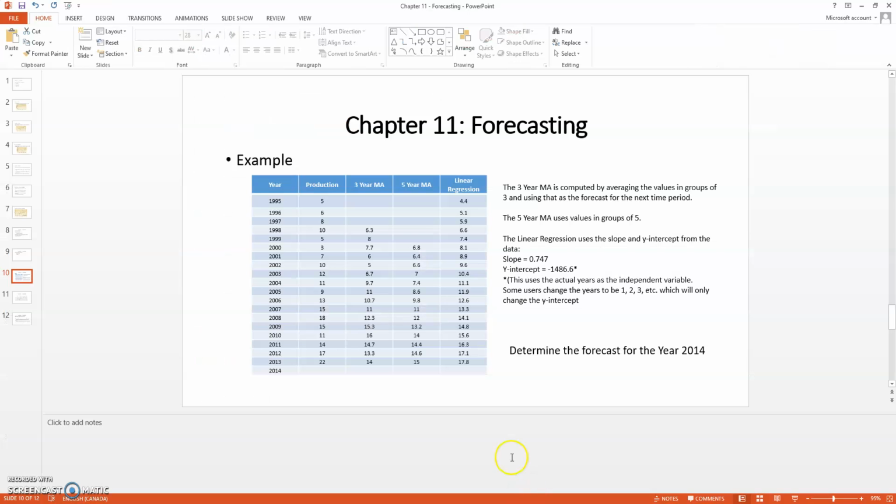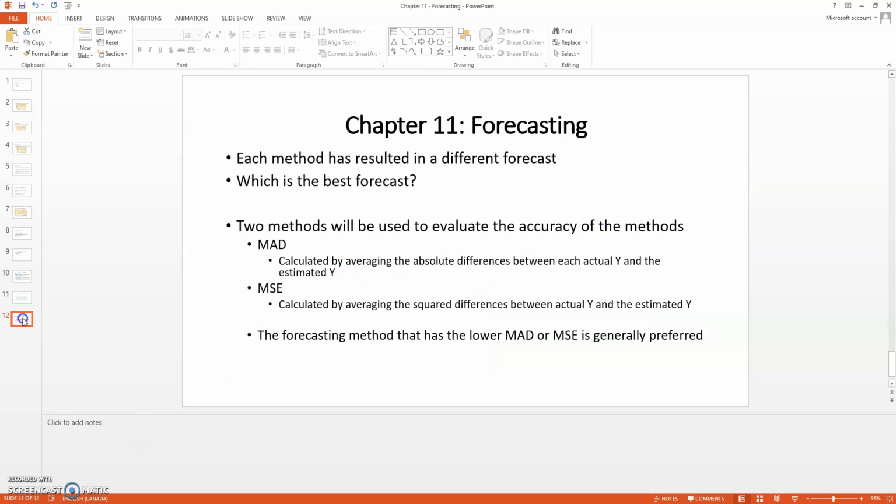The question becomes: each method has resulted in a different forecast, so which is the best forecast? Determining which method is best is based on 2 evaluation techniques. We can use the mean absolute deviation, which is basically the absolute difference, so ignore the negative signs, between the actual y and the estimated y.